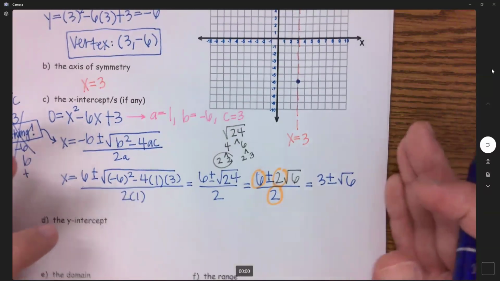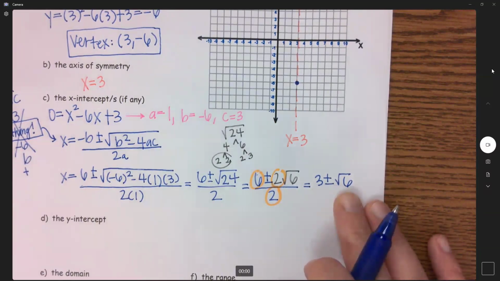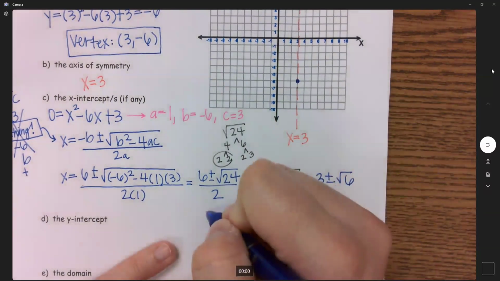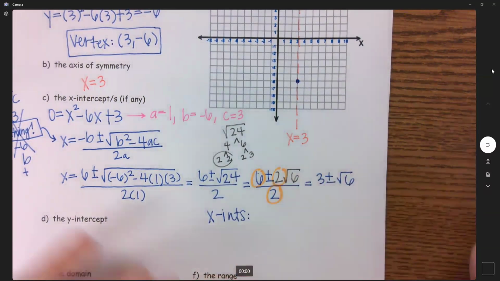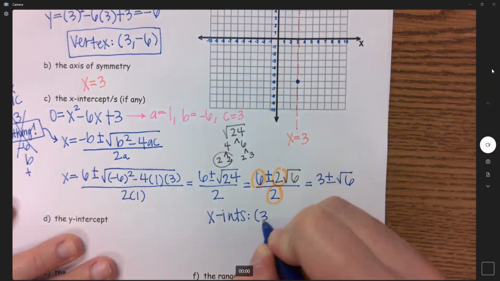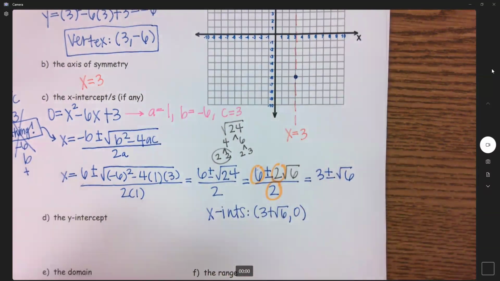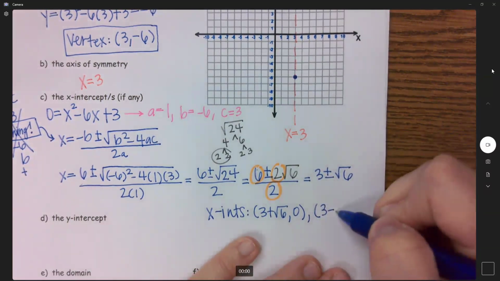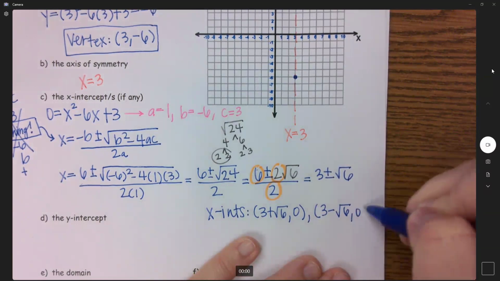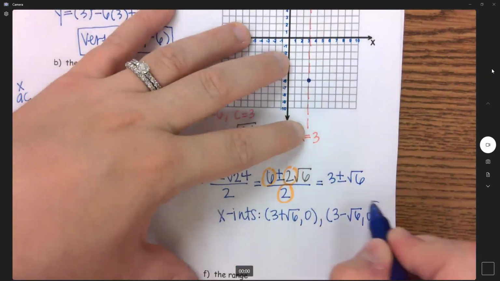So my math lab is just going to want this answer here. I need ordered pairs. So my x-intercepts are at 3 plus square root 6, comma 0, and 3 minus the square root of 6, comma 0.